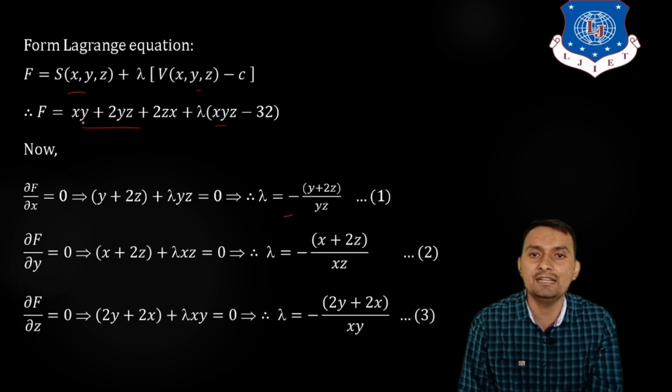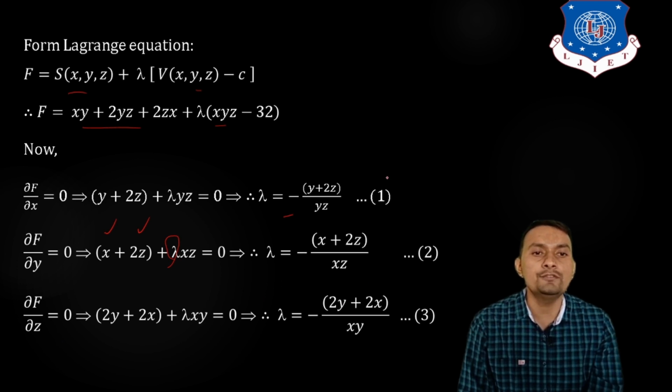Now do the partial derivative with respect to y, so x is there and 2z is there, and lambda times the partial derivative with respect to y, where xz is a constant, so it will be 0. I want to make lambda the subject, so I will get minus (x plus 2z) divided by x into z. The same can be determined for del f by del z.